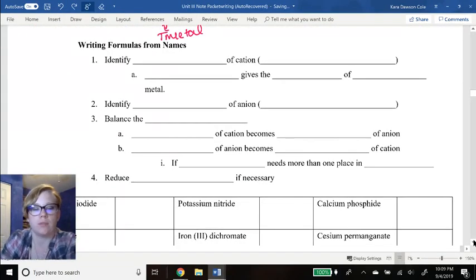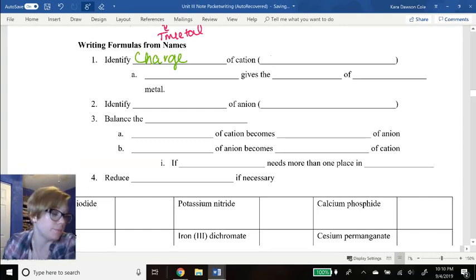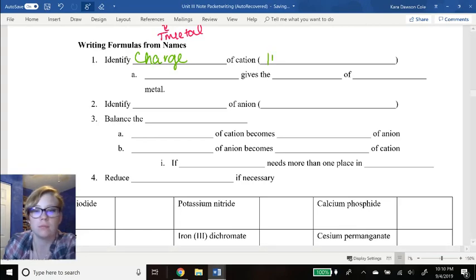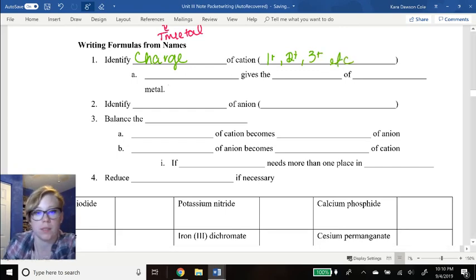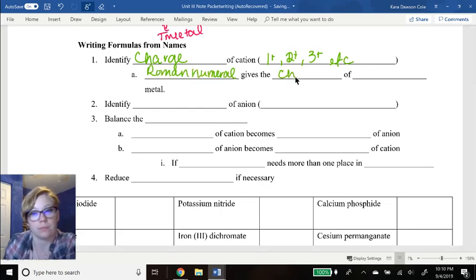Writing formulas from names. The first step is to identify the charge of the cation as a +1, +2, +3, etc. A Roman numeral gives the charge of the transition metal.